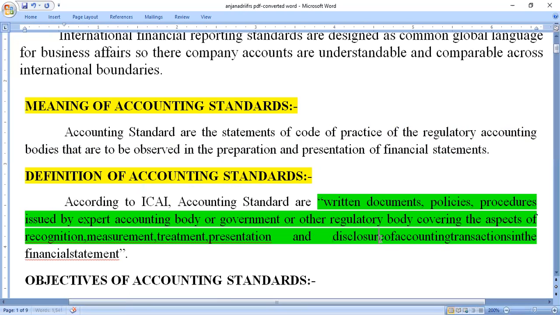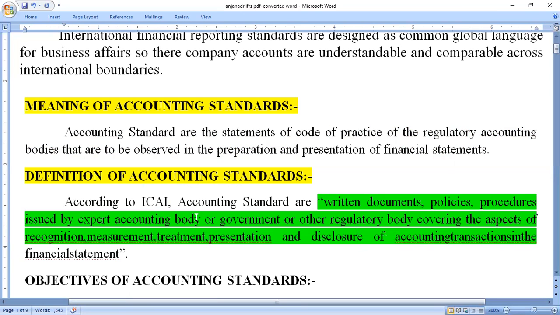So we have to discuss each and every point here and keep them in mind. This definition is given by the ICAI.